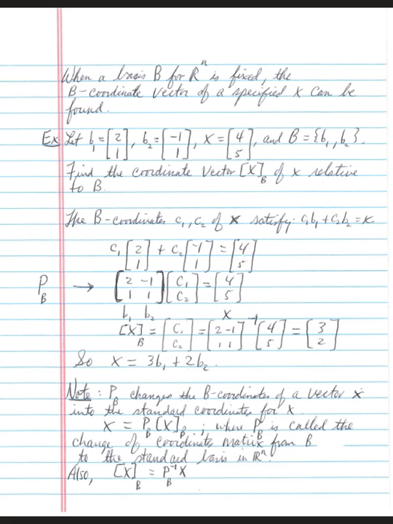Combining b1 and b2 into a matrix, [b1 b2], our weights are multiplied, c1, c2, and then we're going to set that equal to vector x. X sub B, remember, that's our weights. So what we're going to do is invert this matrix, bring it over. So that's what this notation is. It's the matrix of b1 and b2, but I'm inverting it.